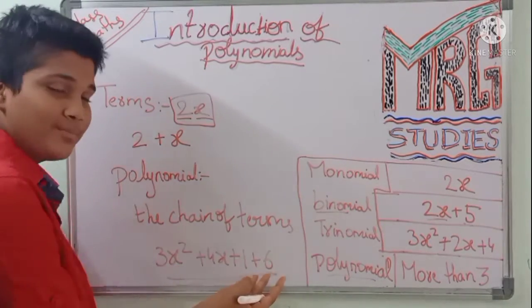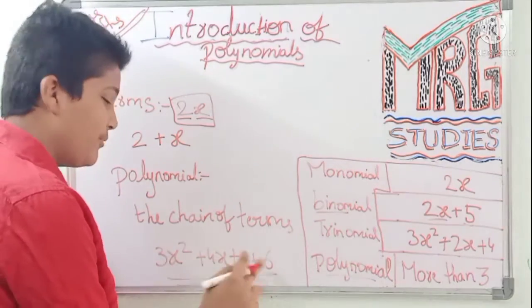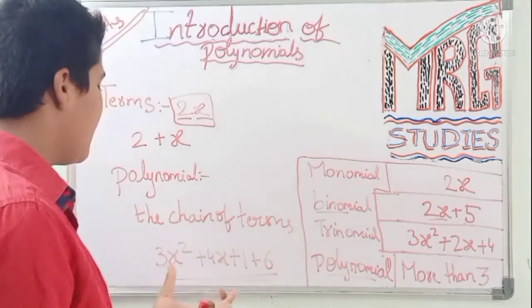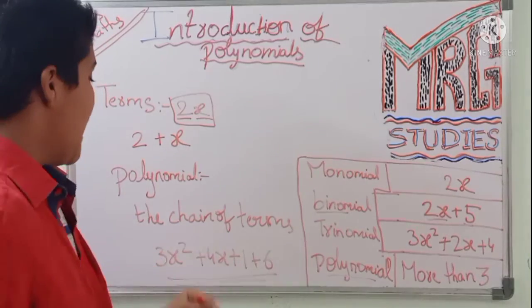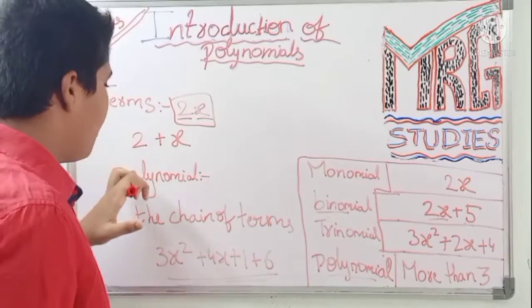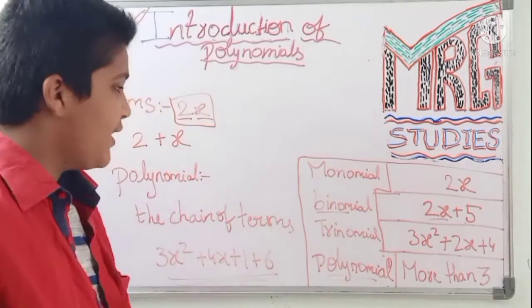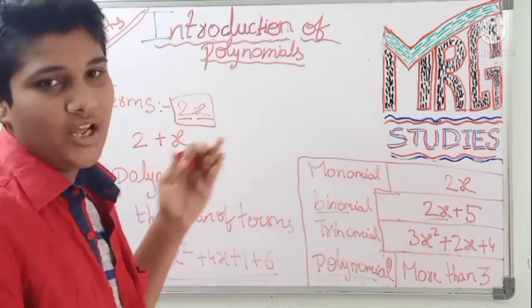Here we have four terms joined together with the plus symbol, so it is a chain of terms, and it is called a polynomial. You should learn this again and again because these are the basics of the polynomials lesson.